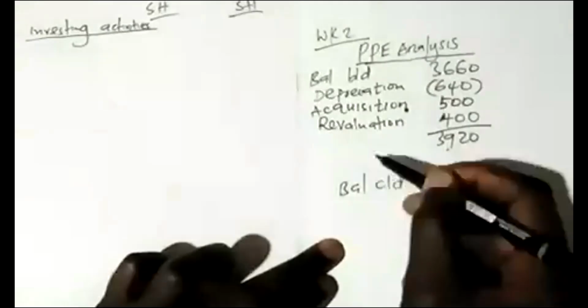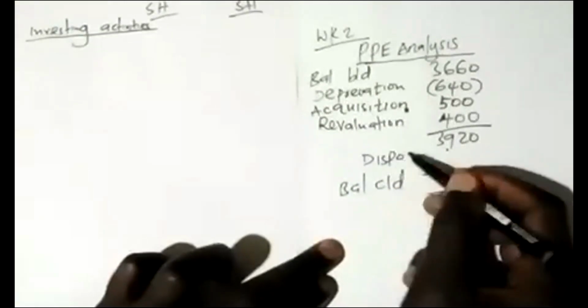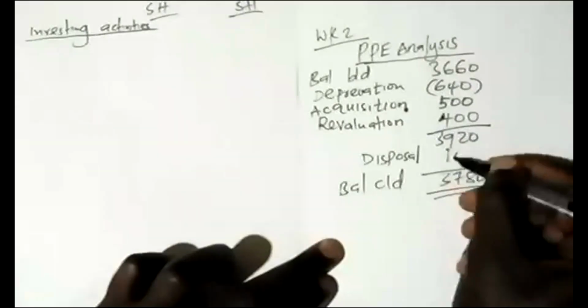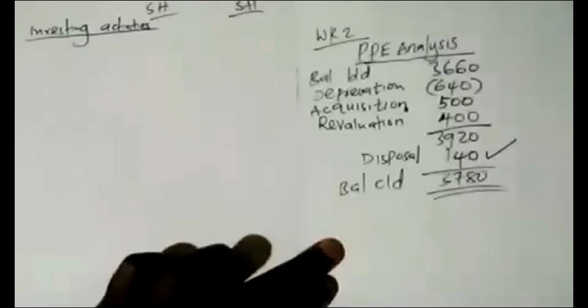Why? We made a disposal. If it had increased, we could have said we made an acquisition. But if it reduces, you say that you have made a disposal of a fixed asset. So you disposed at what value? 140. So this is the disposal value.